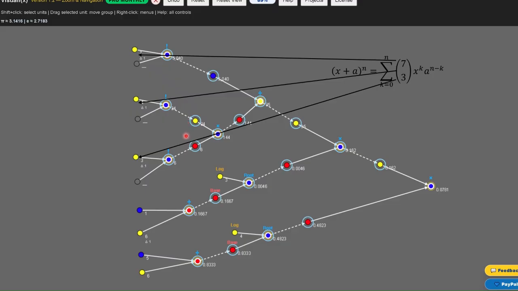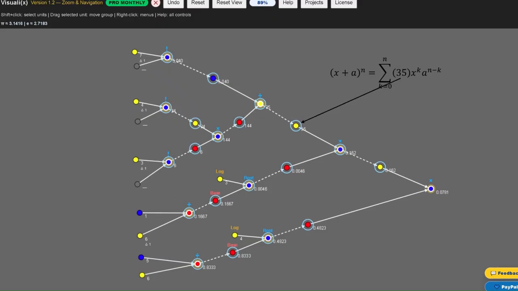We multiply 6 by 24, giving us 144. Then we divide 5040 by 144. That gives us 35. So this entire group of units represents the first part of the binomial formula, 7 choose 3 equals 35.